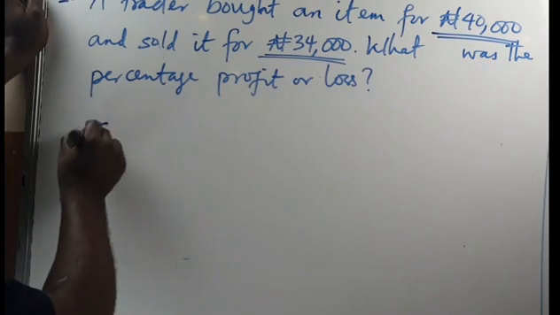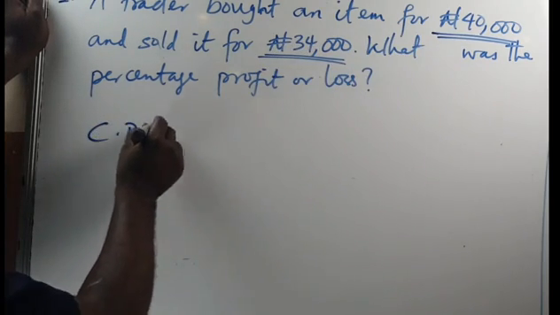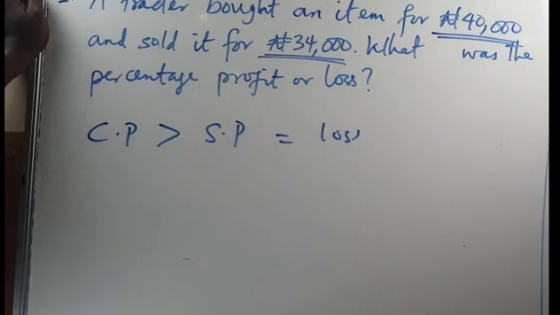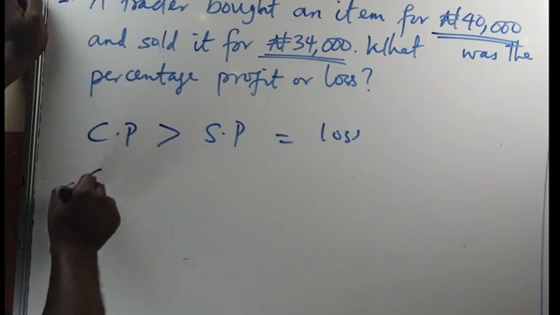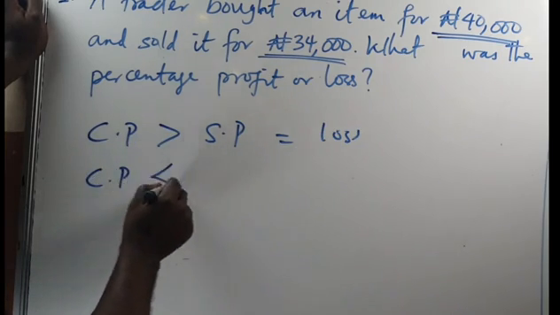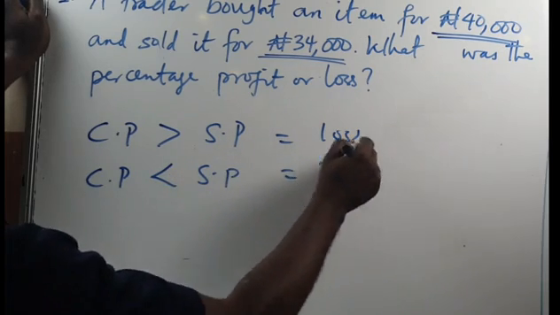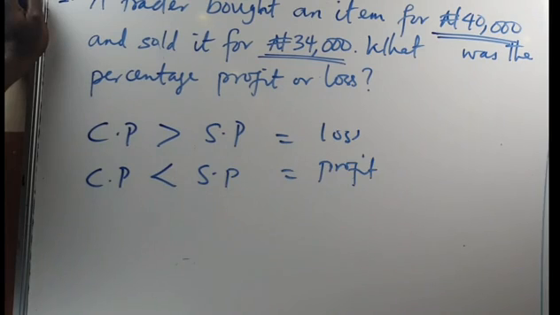In this case, the cost price is greater than the selling price. Therefore, I have a loss. When the cost price is less than the selling price, then you make a profit. So that's the first thing you need to determine. After this, you then need to determine the loss.